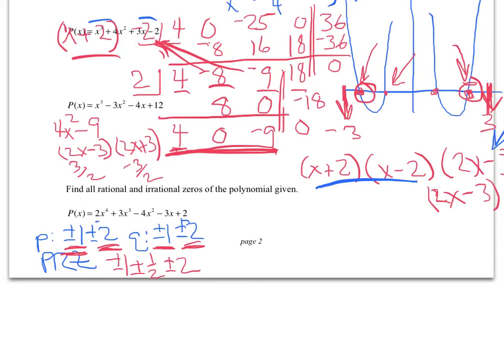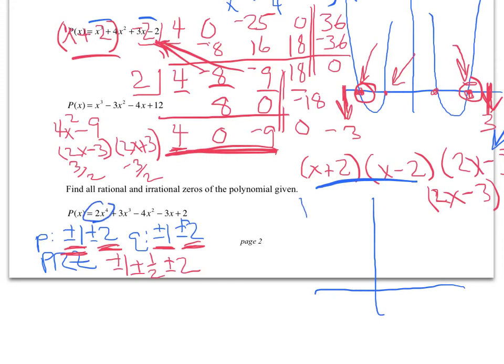Now again, we could use our calculator and do a graph to see if any of these are the ones that we should test first. So we'll just do that. I just took a couple of minutes to graph it, and the graph looks something like this. There's the y-axis, and there's the x-axis, and the graph has the end behavior of x to the 4th power.